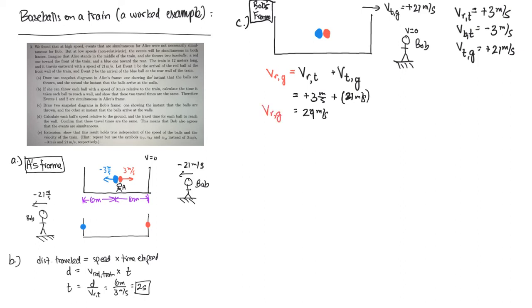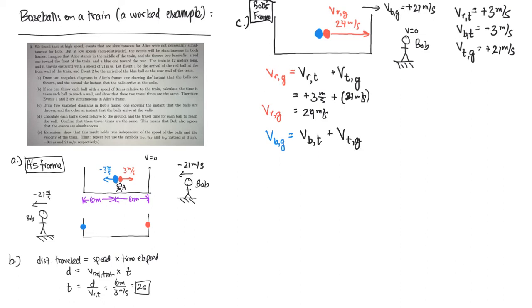Okay, so now we can draw that here. 24 meters per second is v of the red ball relative to the ground. How about the blue ball? Okay, well, we're going to play the same game. It's v of B, blue ball relative to train, plus v of train relative to ground.